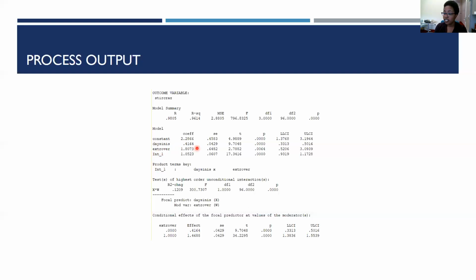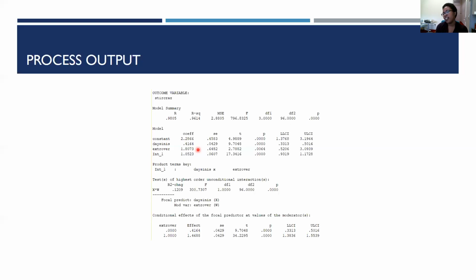So on average, on day 0 of isolation, our extroverts are going to be 1.8073 points higher on stir craziness than our introverts. So like we've seen before, our dummy variable is just telling us that mean difference between the extroverts and the introverts on stir craziness.